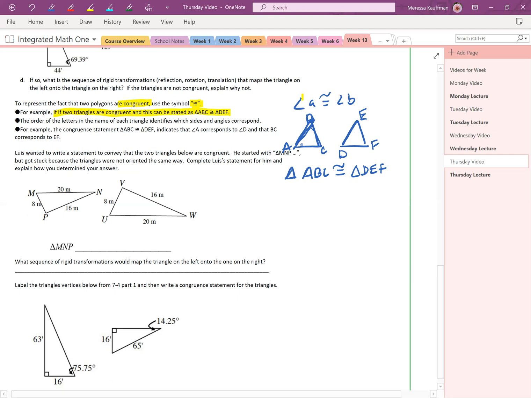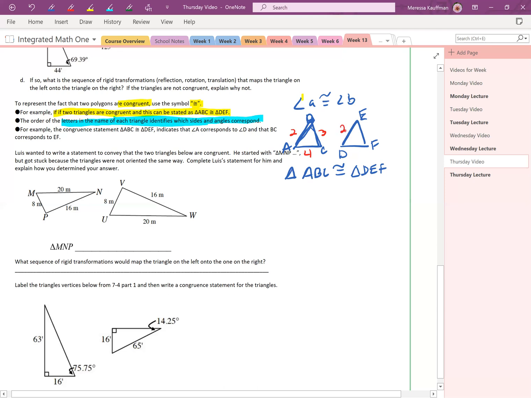Now, the other thing that we talk about is that the order of the letters in the name identifies the sides and angles that correspond to each other. So say this is side length 2, side length 3, and side length 4.